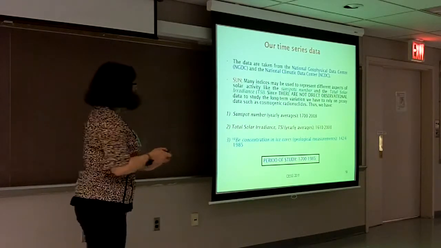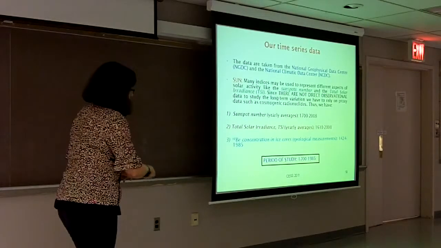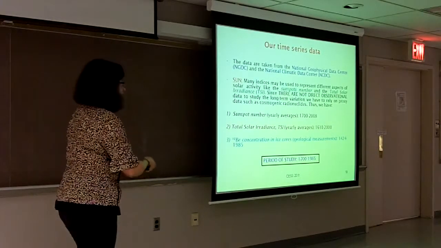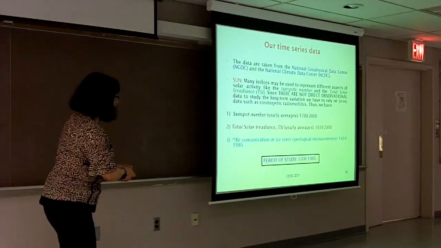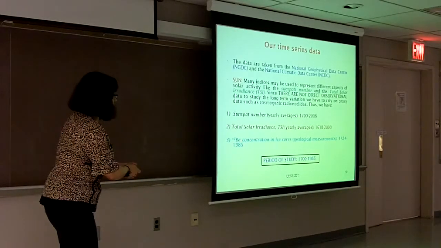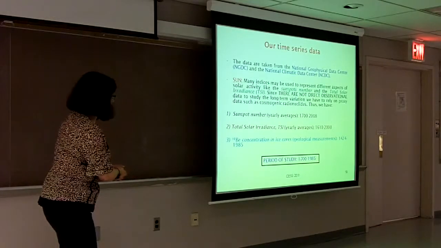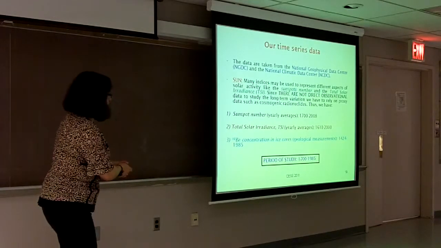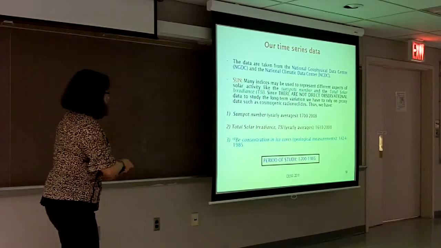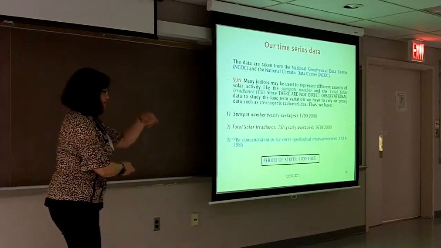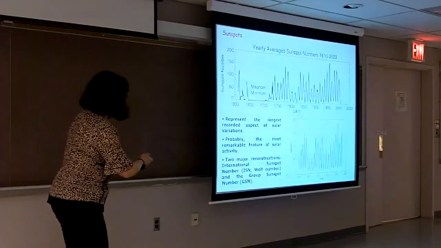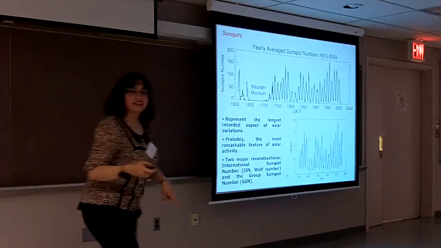So you should be careful about the period of study that you are employing in your model. So I'm going back in time, even if you have the beryllium concentration measured from this period of time. Most of the time series, for example the total solar irradiance, I will explain that point later. How did you get that back to 1610?